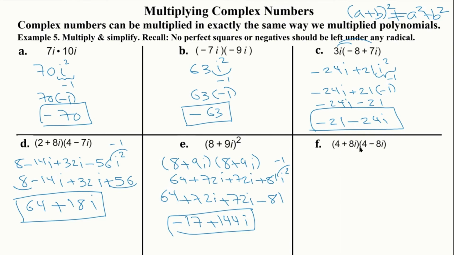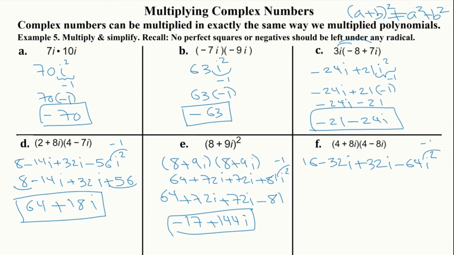So we distribute the 4, we get 16 minus 32i, and then we distribute the 8i, so we get plus 32i, and then minus 64i squared.